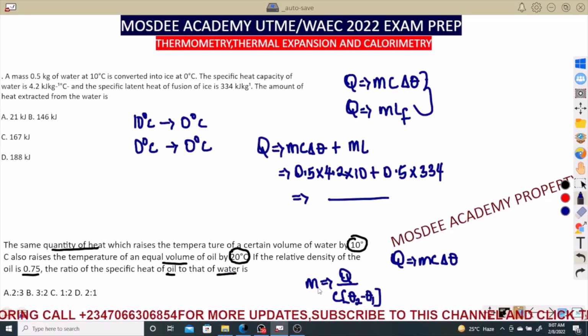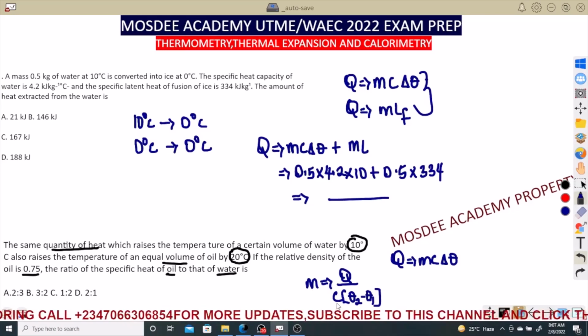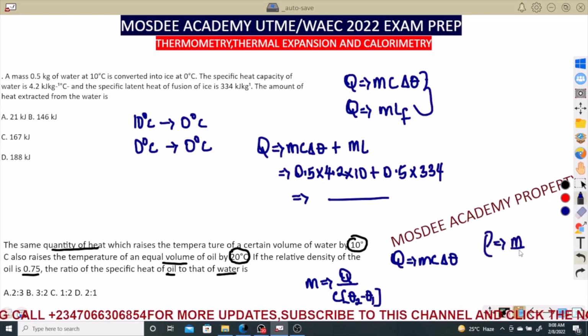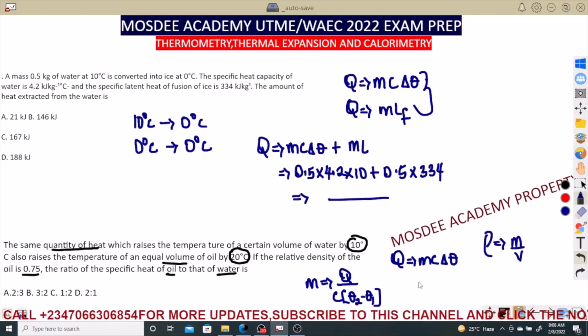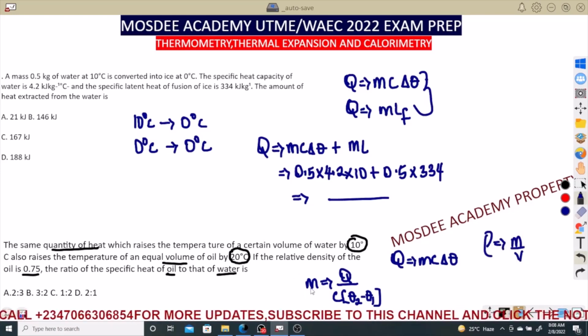We can say the mass is inversely proportional to specific heat and temperature change. That is, the higher the mass of the substance, the lower the specific heat capacity of that substance. By the way, I can relate this directly. As you know, density rho is equal to mass by volume. The volume is constant. We can say as density increases, the mass also increases. So in terms of relative density, I can say they have a direct relationship with mass.